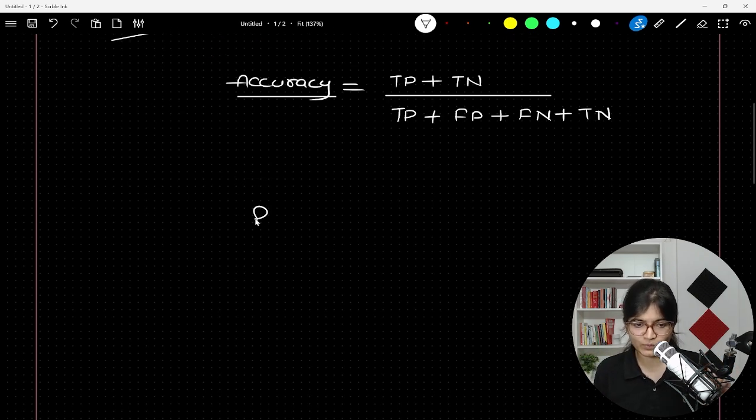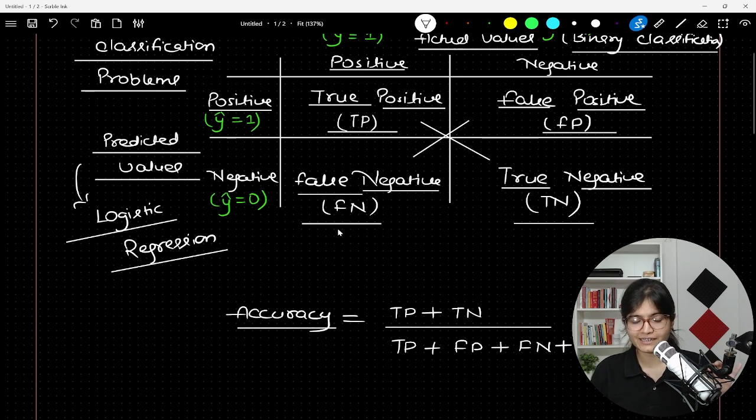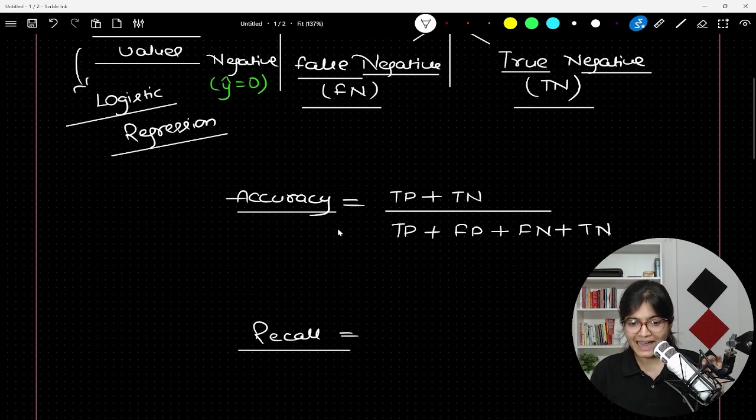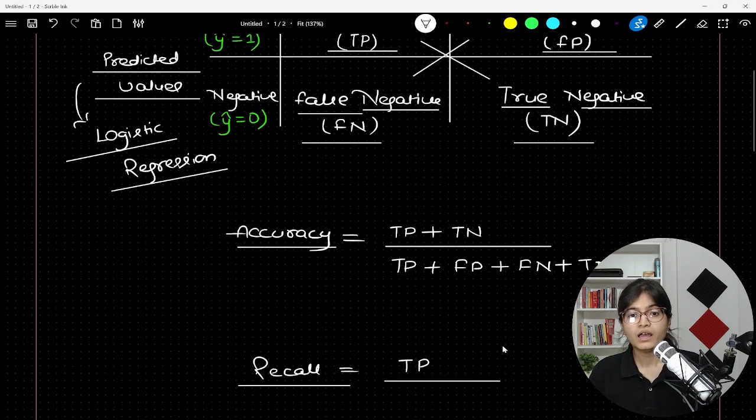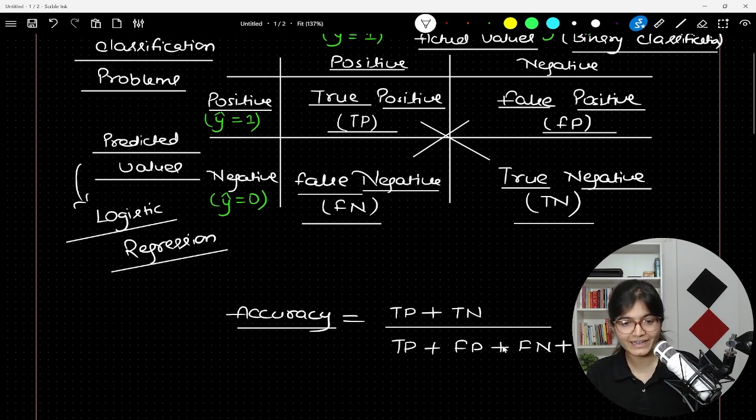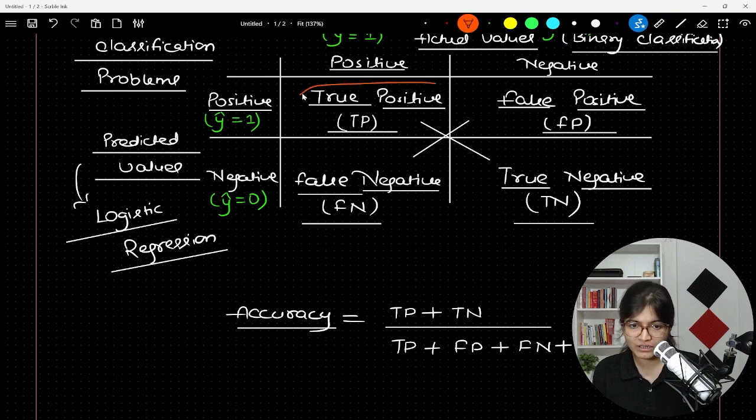The second evaluation metric will be recall. What is recall? Recall says that out of the actual positives, how many of them are true positives?